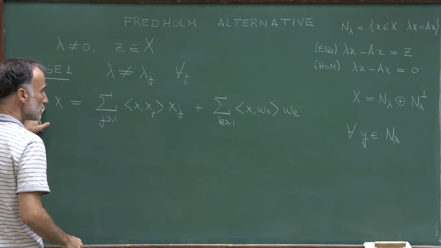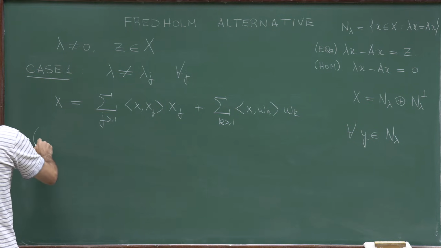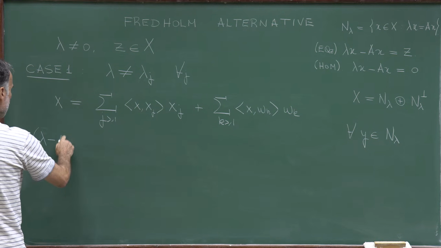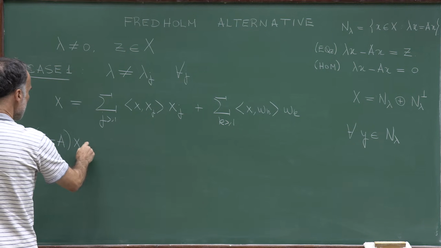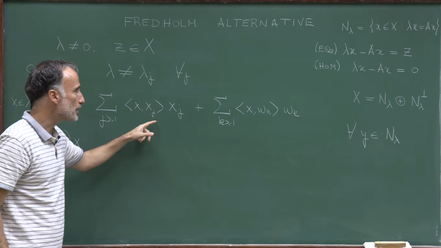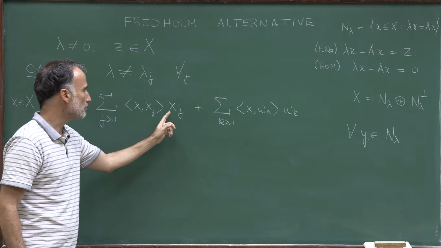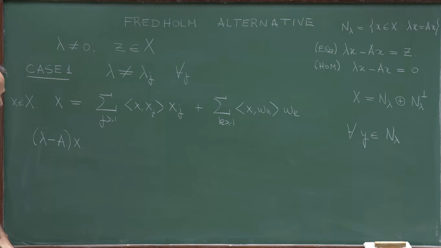Since x is given by this expression, what is lambda x minus Ax? I'm taking any point x in X, I know that it can be written in this way, and now I'm computing lambda x minus A of x by writing x on the orthonormal basis xj, wk.